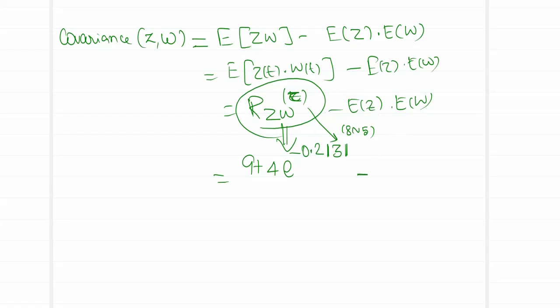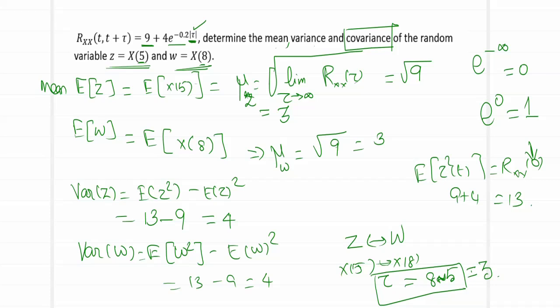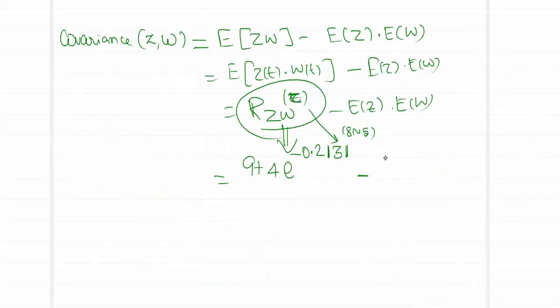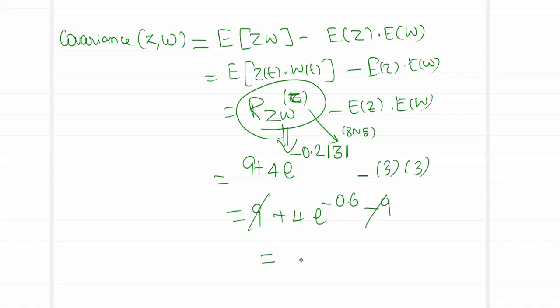E of Z is the mean of Z, which we now know is equal to 3. And E of W is also equal to 3. So these two 3s make it 9. You already have a 9 in front. E power minus, this is modulus so it is positive, 0.2 into 3 makes it 0.6. Plus 9 minus 9 cancels off, leaving you with 4 e power minus 0.6. So this is going to be the value for your covariance.